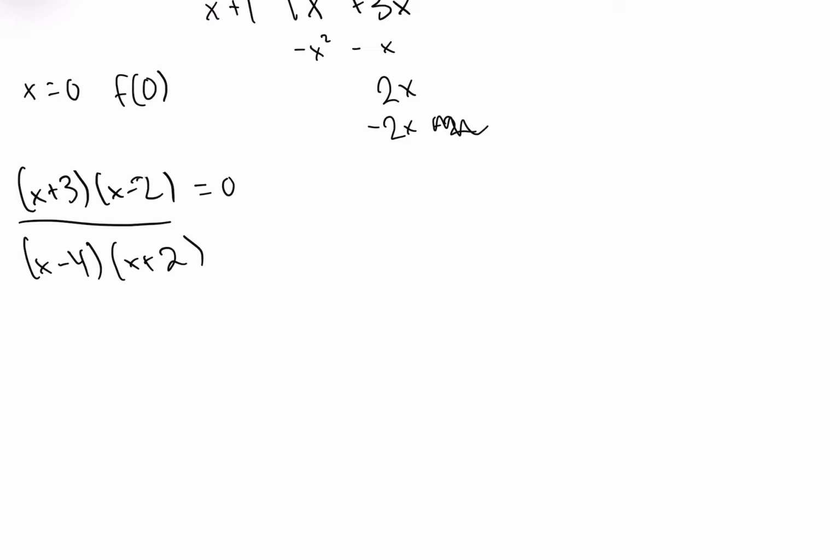But if you do the same with your denominator after factoring everything out, these will give you your vertical asymptotes. Just remember, zeros on the top, x-intercepts. Zeros on the bottom, vertical asymptotes. As long as the solution isn't canceled by the denominator or the numerator.